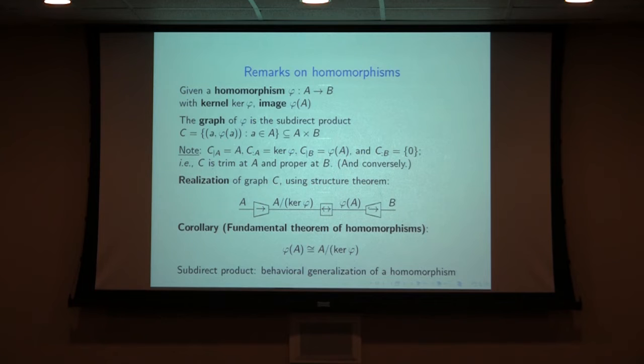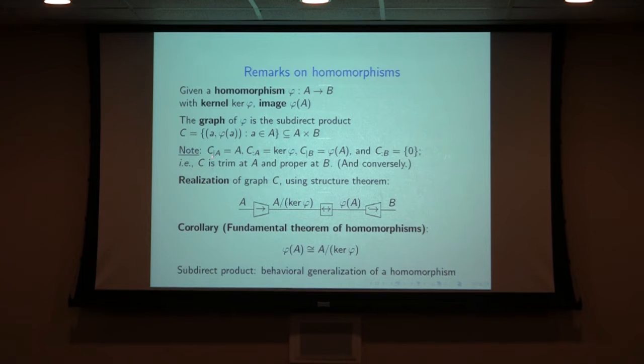Given a homomorphism from A to B, which has a certain kernel and a certain image, let's just say its graph is the set of all pairs that can occur, all A and phi of A that can possibly occur. And you see that has the structure of a subdirect product. The first term is in A, and the second one is in the other alphabet B in the image space.